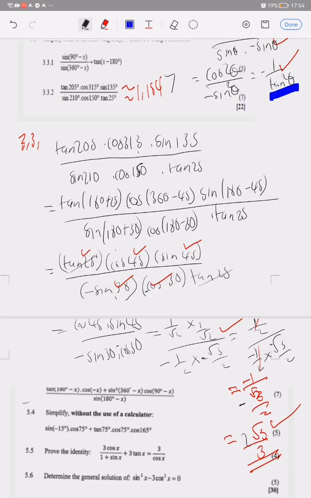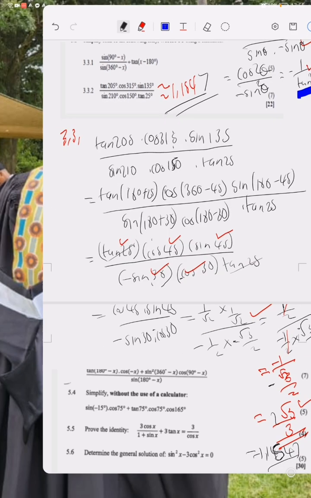It's 2 root 3 over 3. Yes, we are still getting the same thing, 1.1547. So it's basically the same thing.